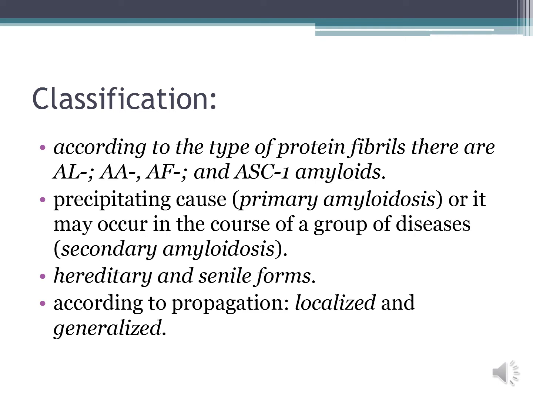We may classify due to primary cause, or it may occur in the course of a group of diseases, so-called secondary amyloidosis. Also, we know hereditary and senile forms of amyloidosis.